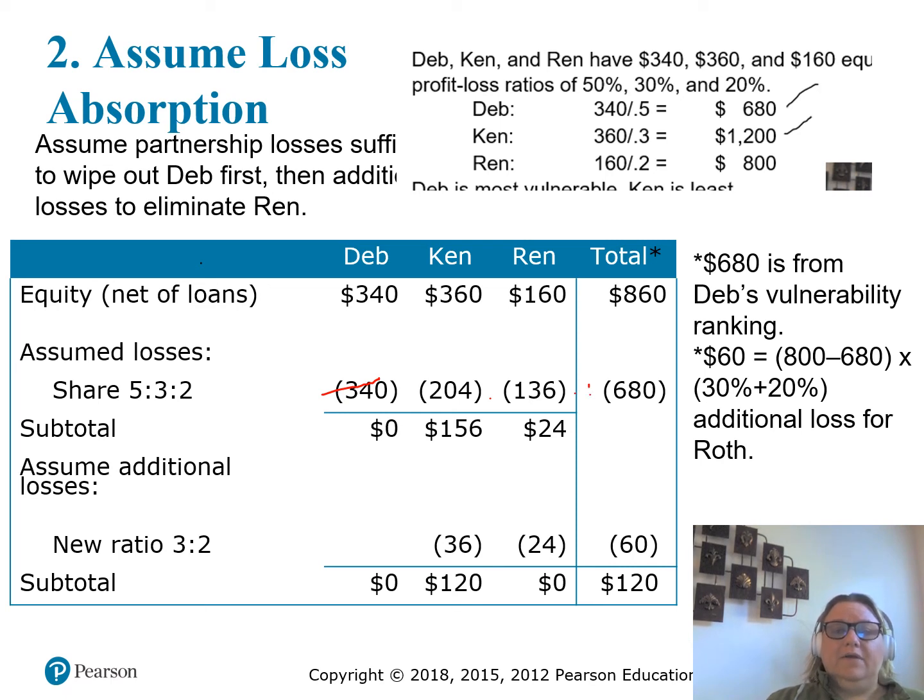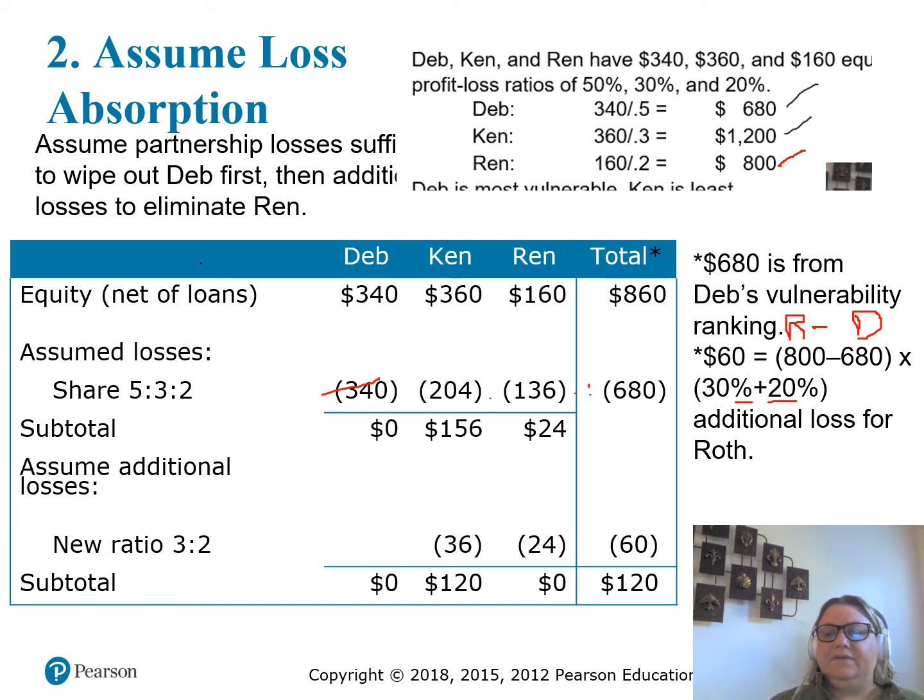In the next step, where we wipe out Ren, we take his vulnerability of 800, subtract out Deb's 680, which we just did, then multiply it by 50 plus 20%.